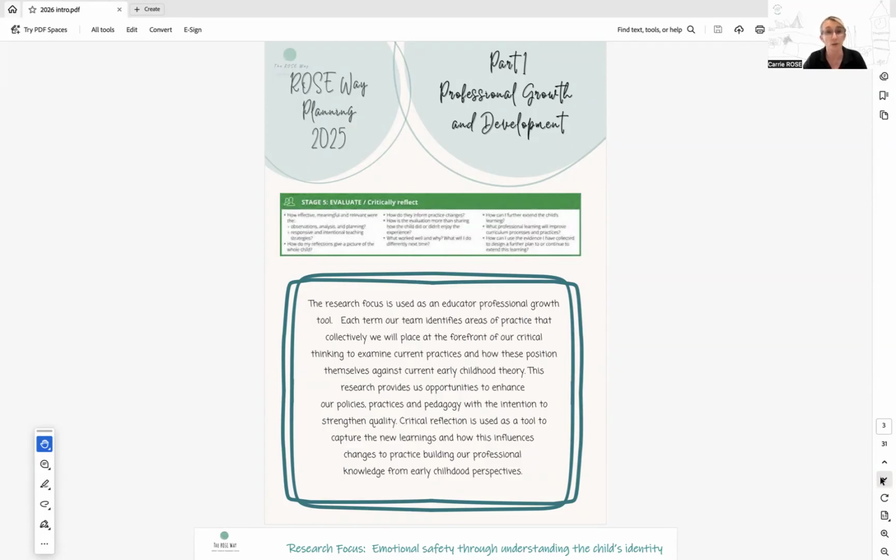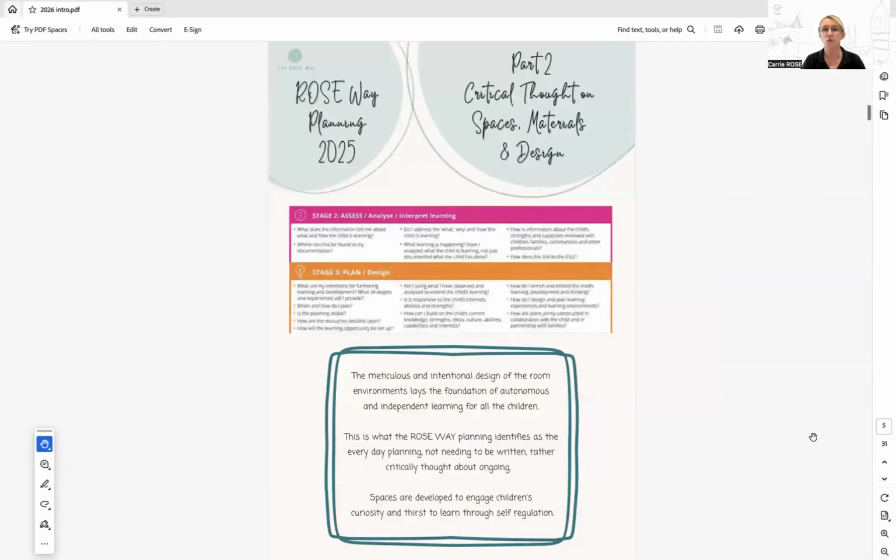It might be some new reading that you've done or some professional learning that's happened in the service that you want the educators to think deeper about. But the idea of the research focus is it's not necessarily connected to the children's planning because it's about a professional growth and development tool for educators.